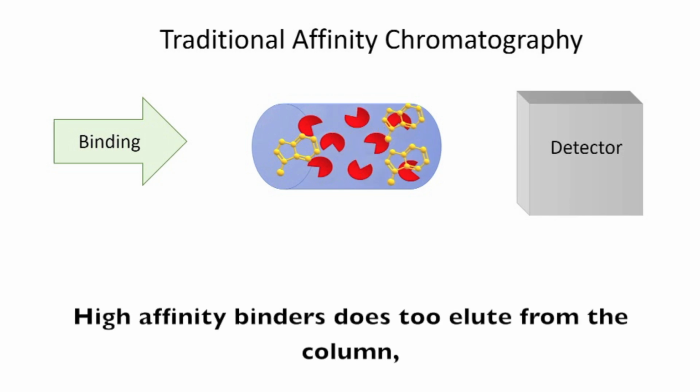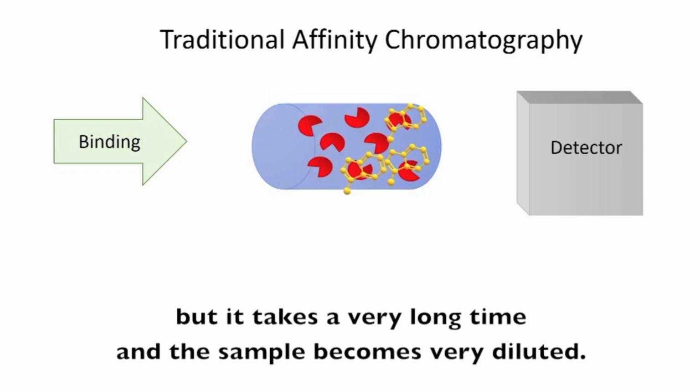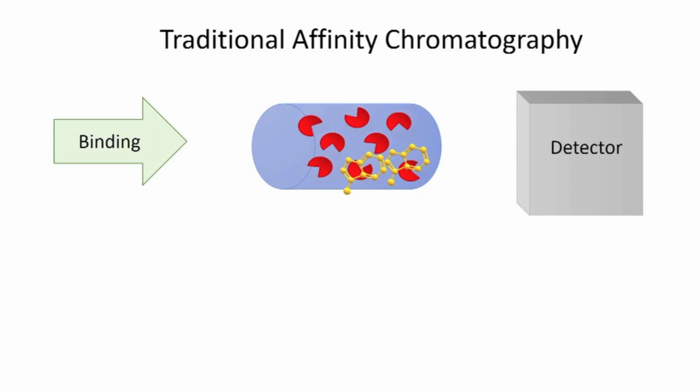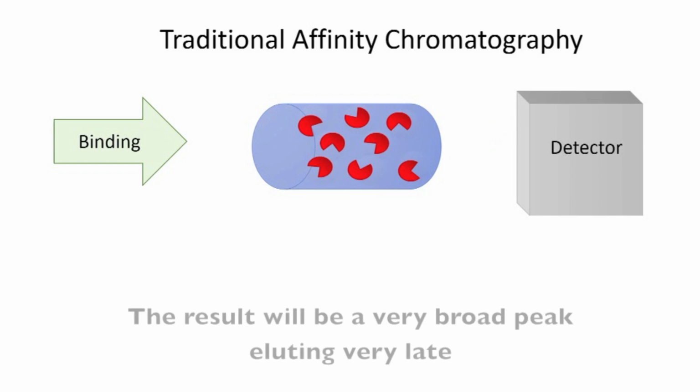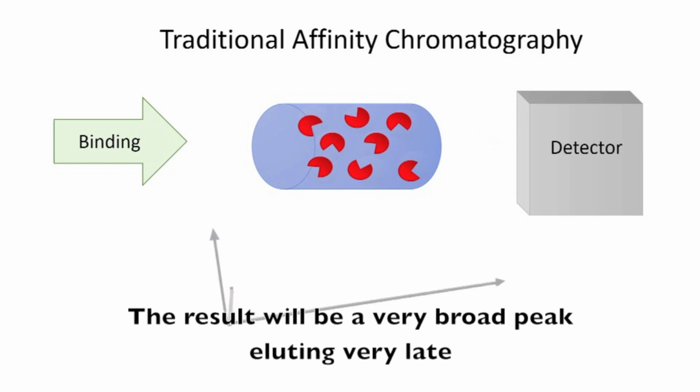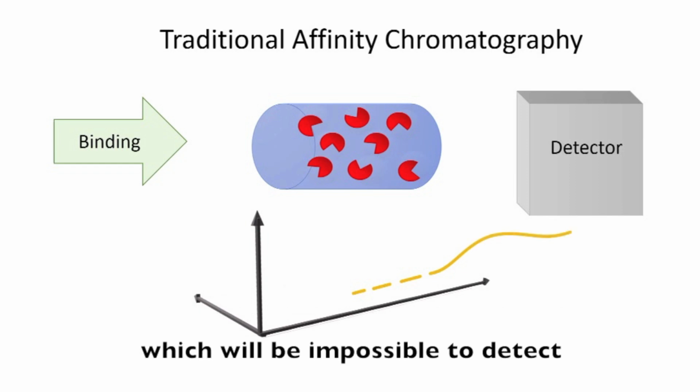High affinity binders thus too elute from the column, but it takes a very long time, and the sample becomes very diluted. The result will be a very broad peak, eluting very late, which will be impossible to detect.